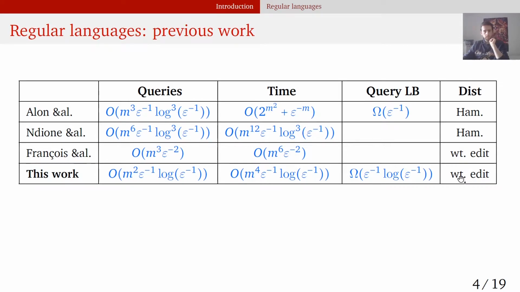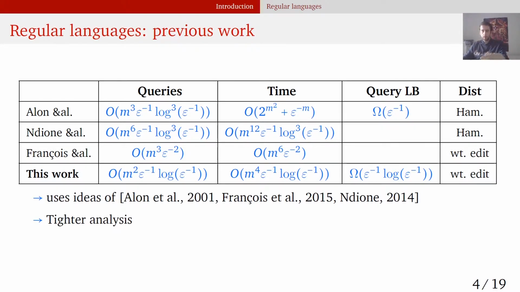And our algorithm works for the weighted edit distance, because we will need this distance in our application later for visibly pushdown languages. Our analysis basically combines the ideas of these works, and we also add a layer of tighter analysis on top of all this. For the lower bound, we use Yao's min-max principle. I will give you more details later.